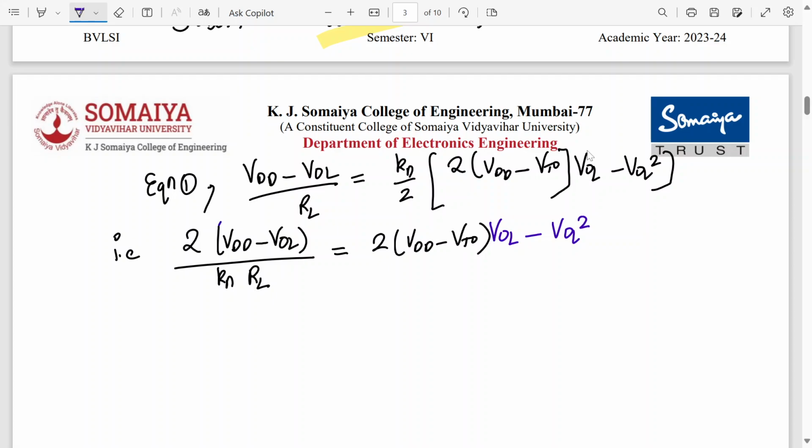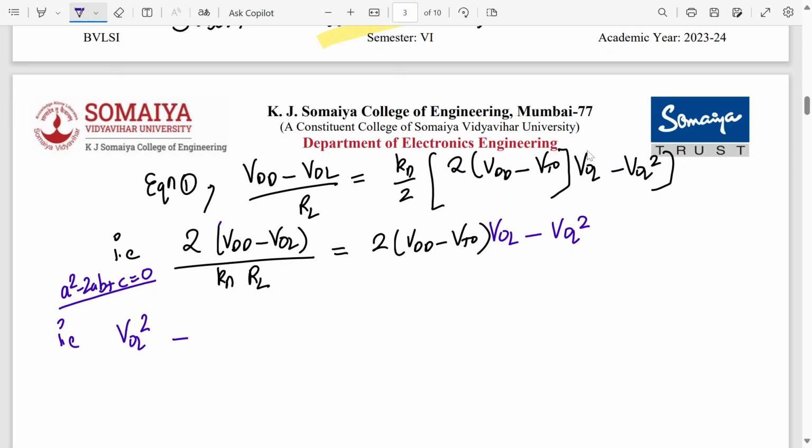Now we can rearrange in the form a square minus 2ab plus c equal to 0. What is a square? In this case VOL square. Then minus 2ab, so minus 2 into this term VDD minus VTO.